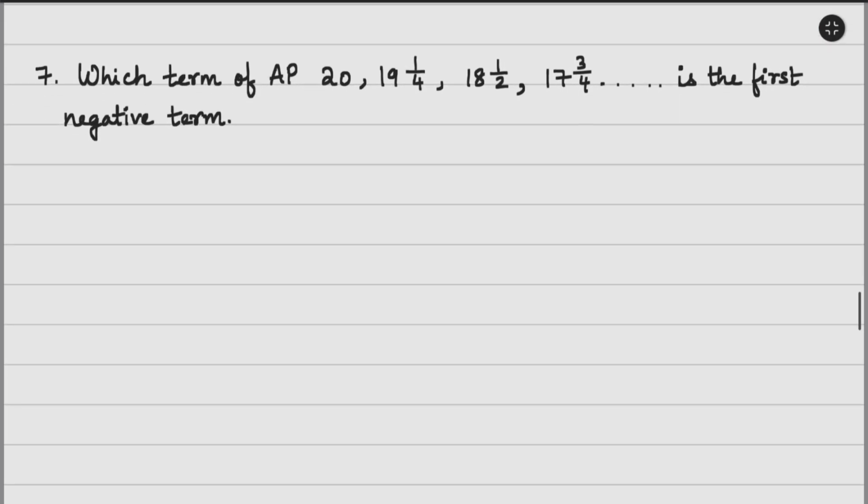Which term of the given AP is the first negative term? Here, our first term is 20. What is our common difference? 19 1 by 4. What is 19 into 4?